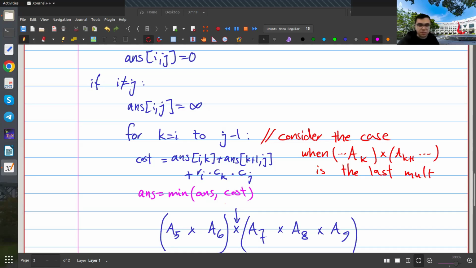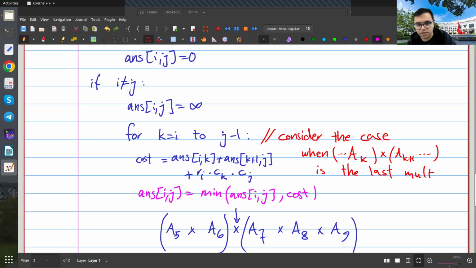Sorry, I forgot to put the ij there. So ans ij is going to be the minimum of ans ij and this cost. Okay, so this is my dynamic programming.